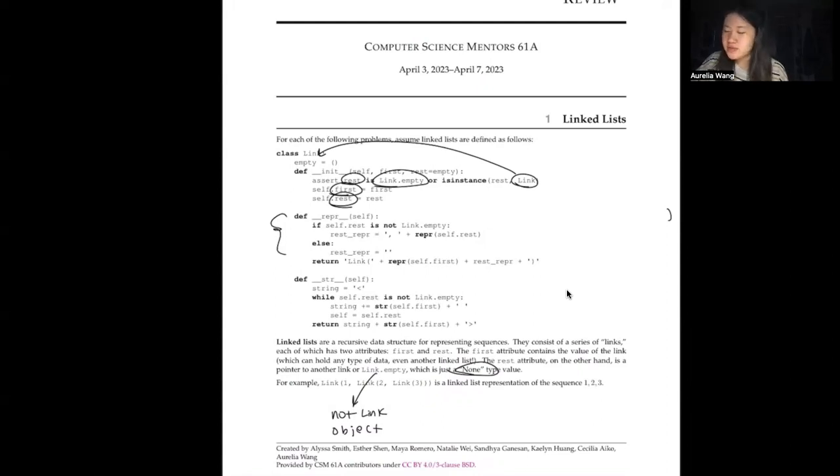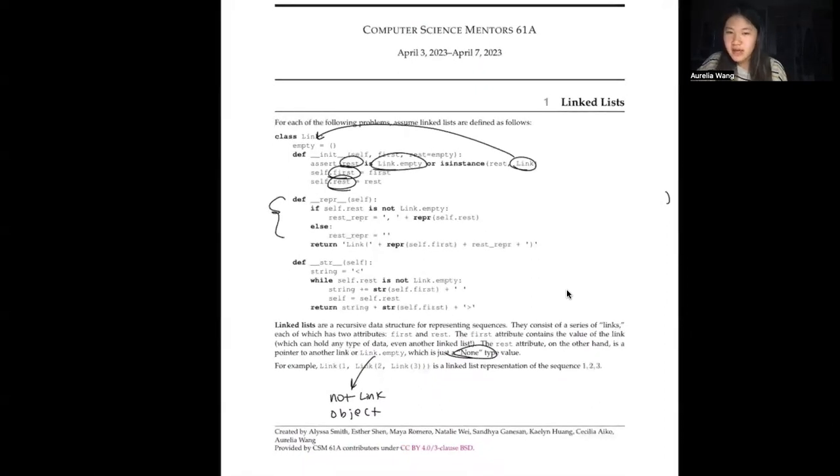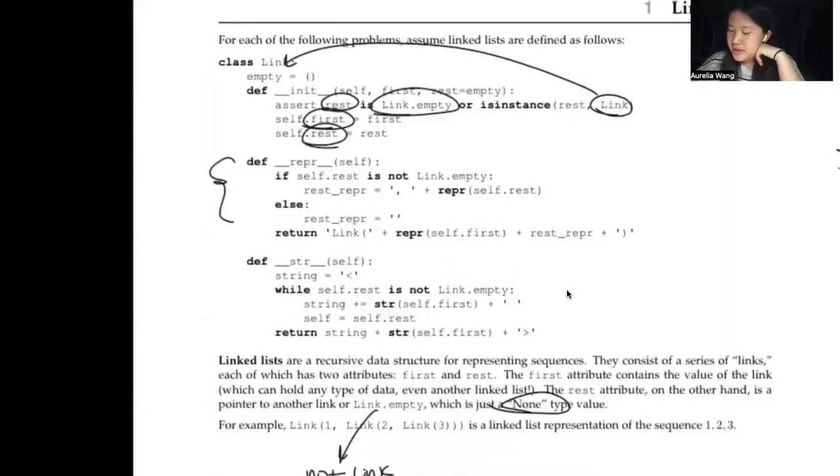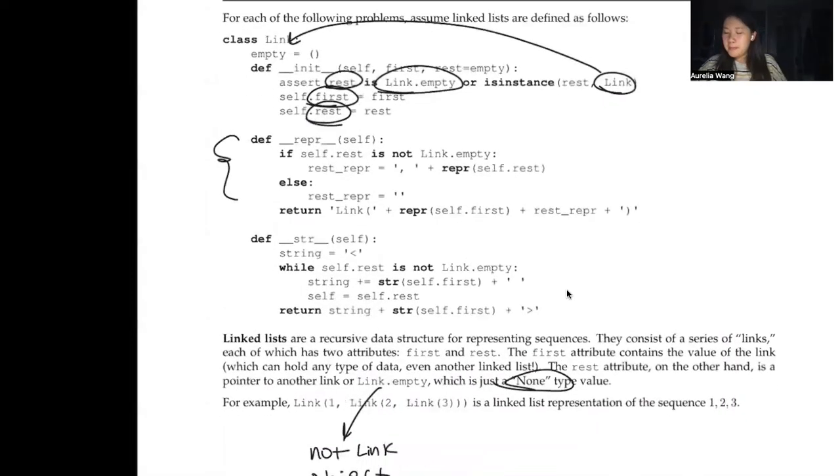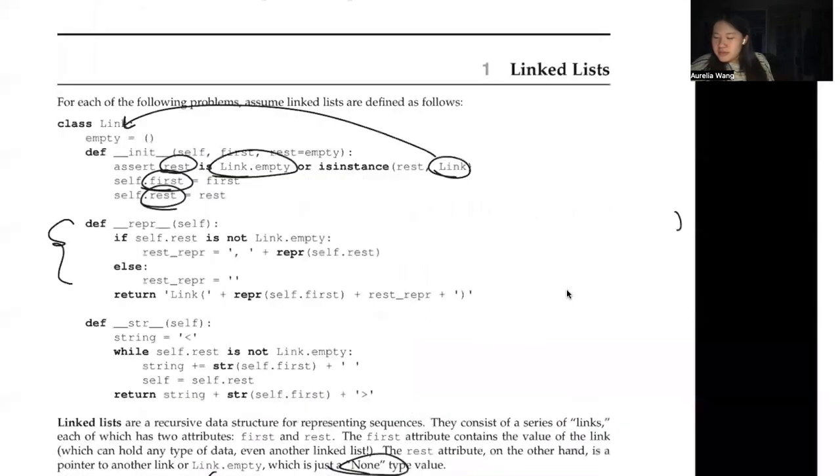So they want us to represent or call the repr on link 1, 2, 3, which ends with the link.empty. So we can go through this recursively, but once we start to see a pattern forming, we could just put our answer down and call it a day. So the first one, we actually represent this as box and pointer.